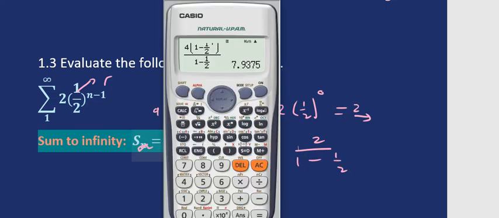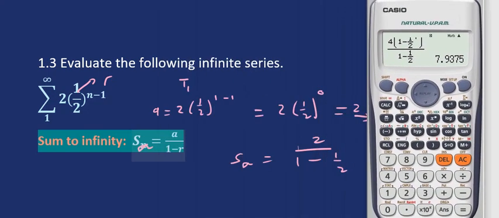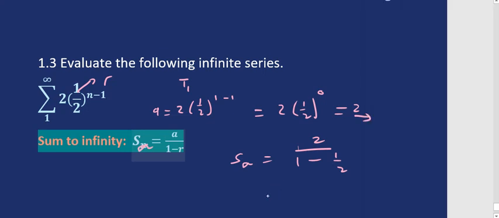If you evaluate that using your calculator, 2 over 1 minus a half, the sum of all the terms in that series would be 4.